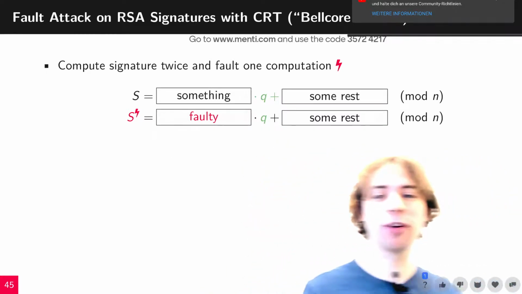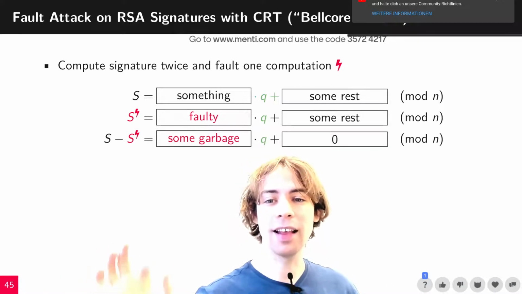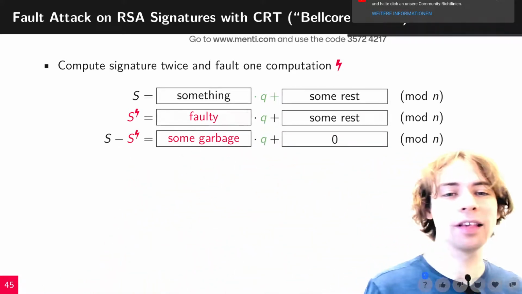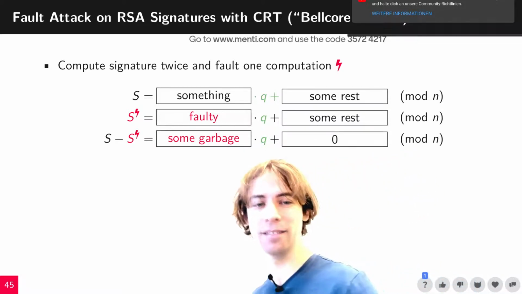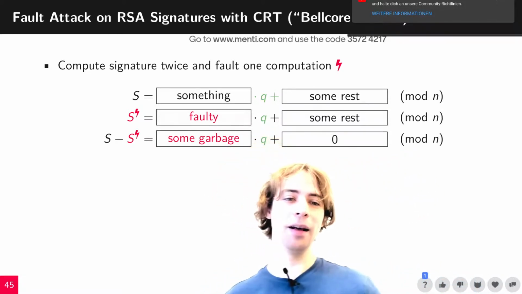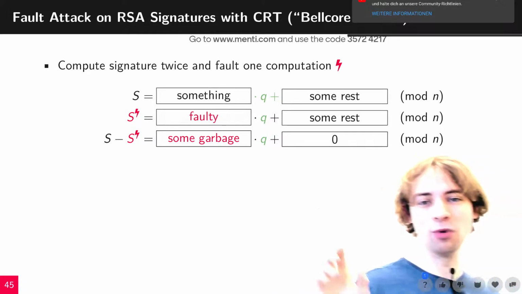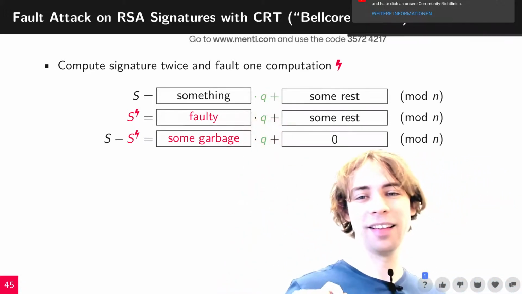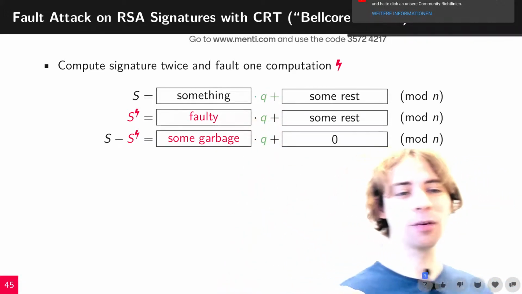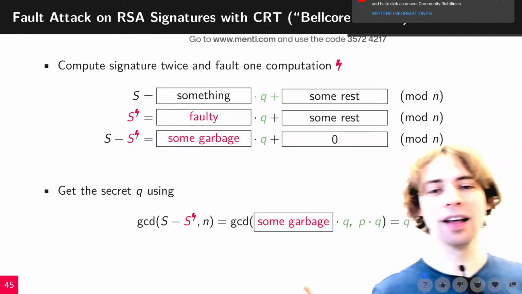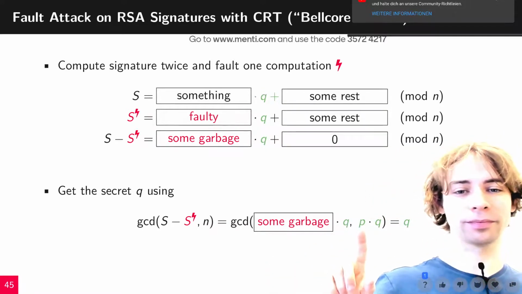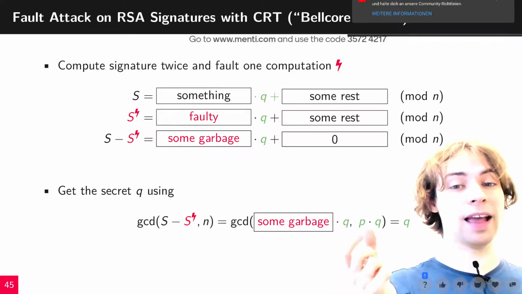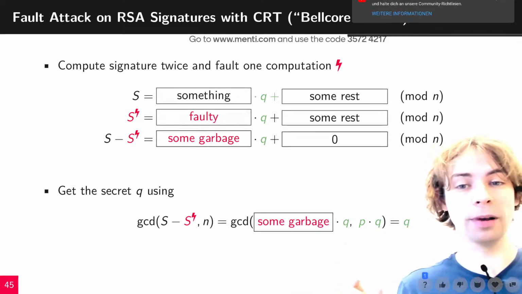So if I subtract now one from the other, I get some garbage times Q plus 0. And that's very interesting, because that means we have 2 numbers that were multiplied with Q. We have some garbage times Q, and we have P times Q. This is N, this is the modulus, which is also public.